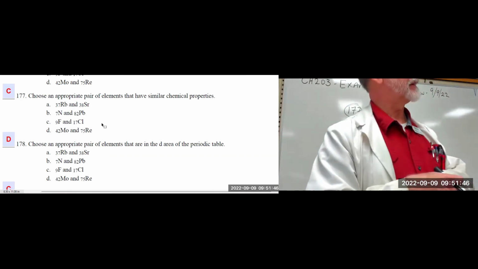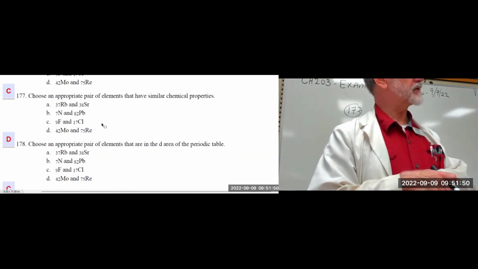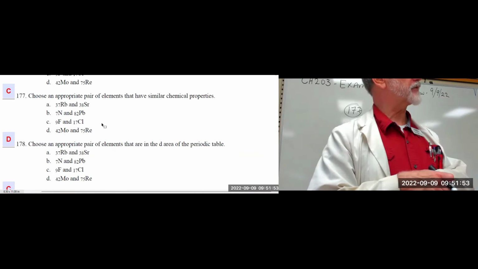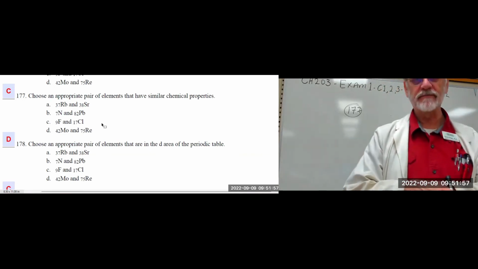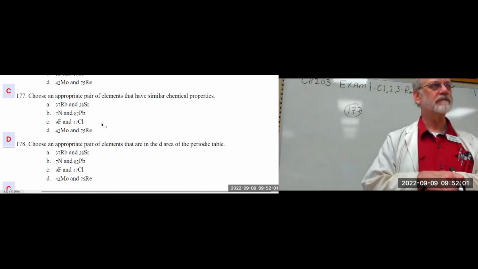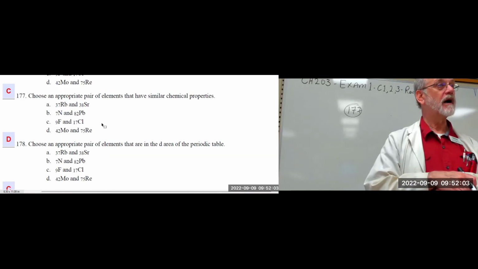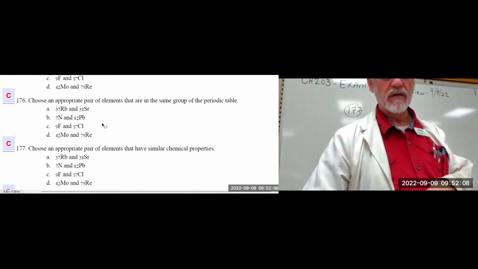Nitrogen and lead. Okay, nitrogen, in the nitrogen family, you have phosphorus, arsenic, antimony, bismuth. No, it's not there. Lead's not there. How about fluorine and chlorine? So 177 and 176 going next to this question.